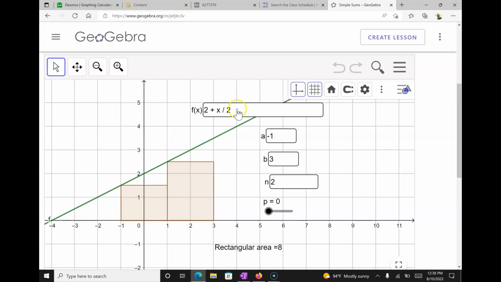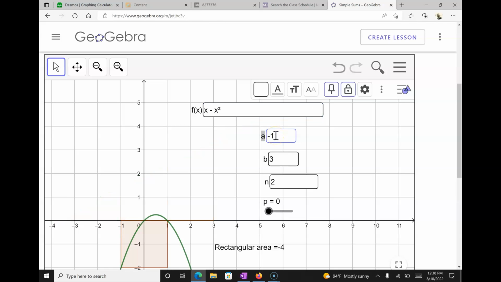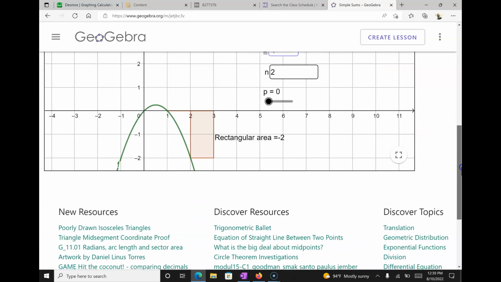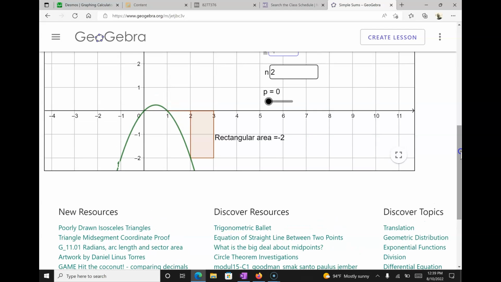So what did I have? x minus x squared, right? And I wanted to go from 1 to 4. So this is a real nice way to get a visual of what's going on. I don't know if they're using right-hand rectangles or not. They're using left-hand rectangles. You can see it.